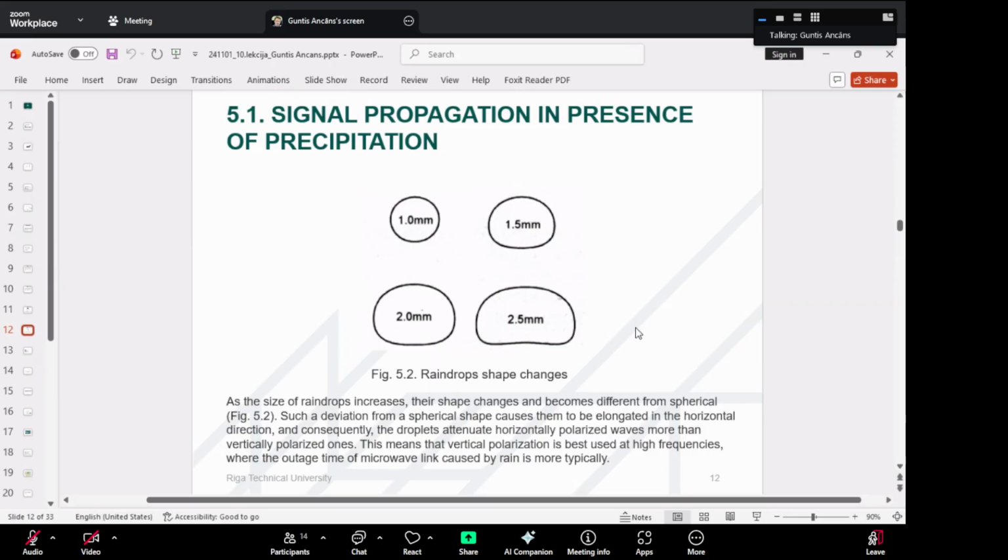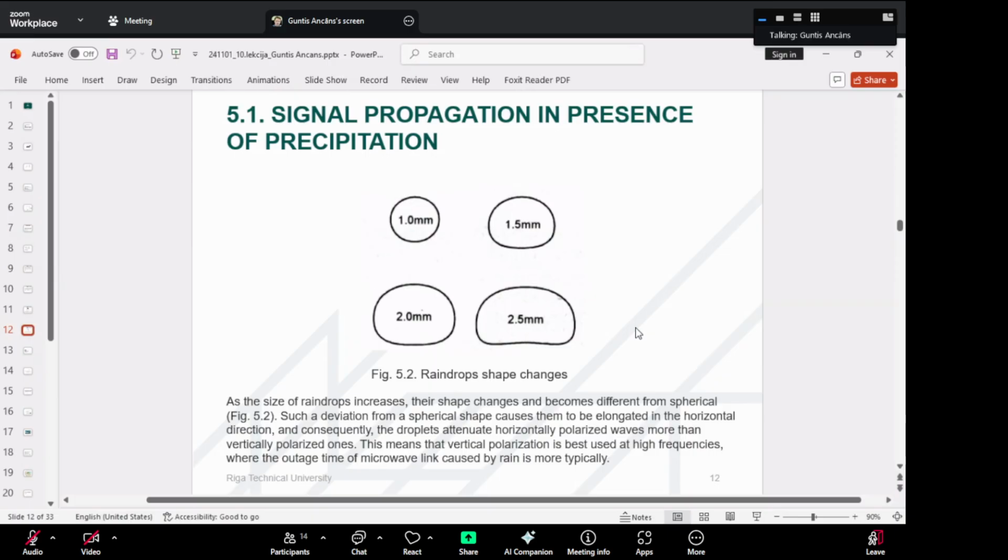It can be seen when you look at the aerial antenna: the antenna radiators are in most cases in the horizontal plane.